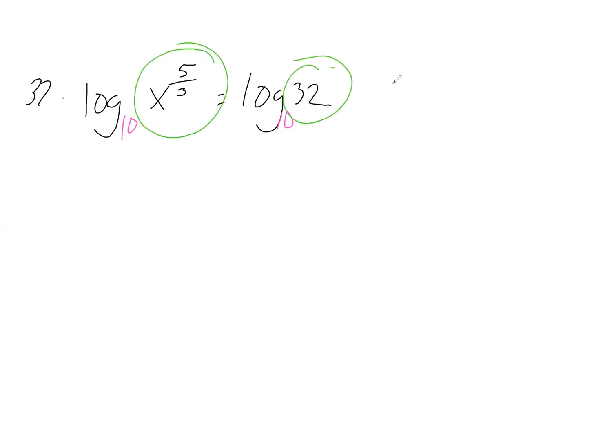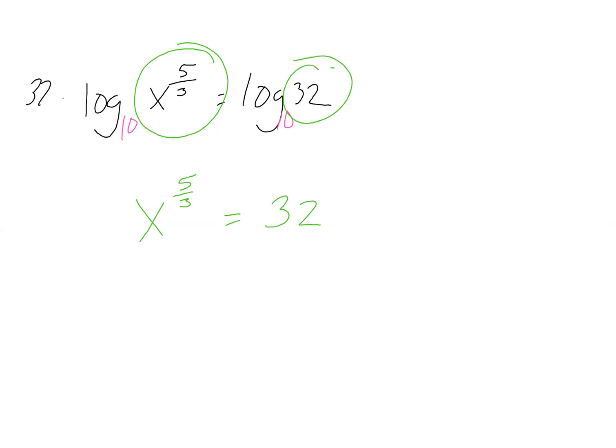So we have x to the 5/3 equals 32. Now I'm going to rewrite the 32 as the smallest base I can. I think something that you need to make sure is that both of these are base 10.